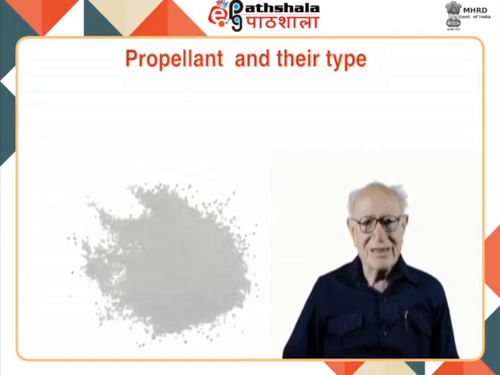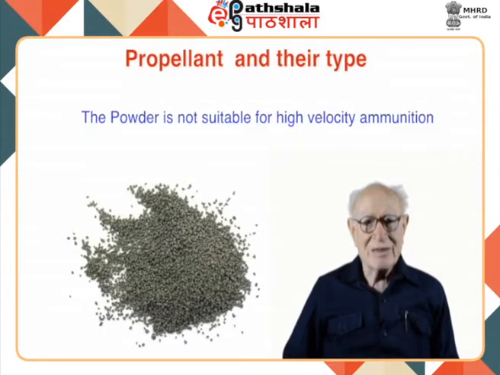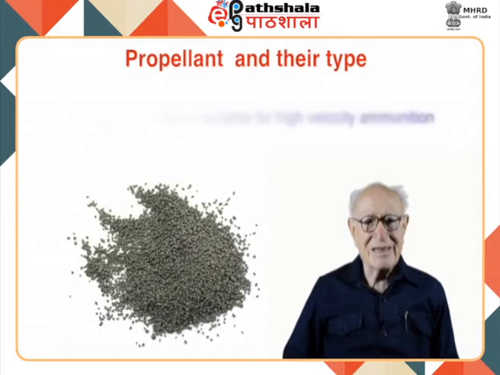The gunpowder consists of potassium nitrate, sulfur, and charcoal, roughly in the proportion of 75 to 15 to 10. The powder is not suitable for high velocity ammunition, as a large amount of powder would be required for getting high velocities for the projectiles.